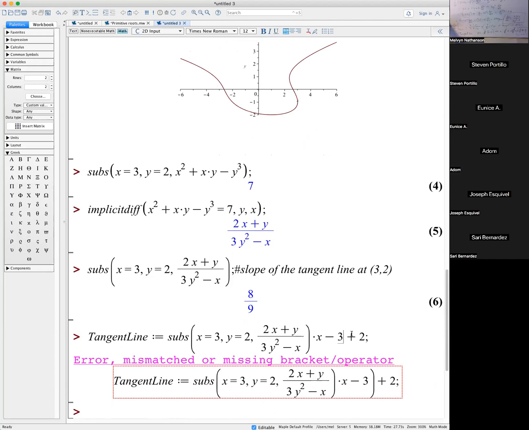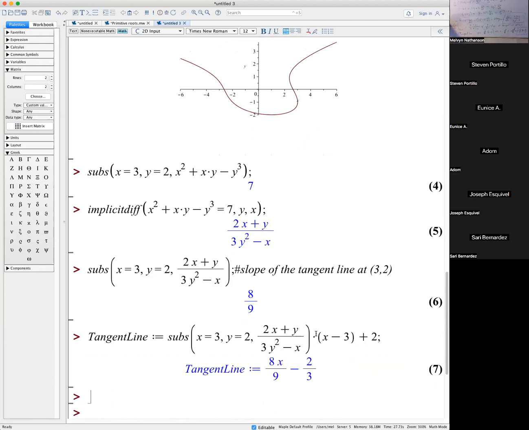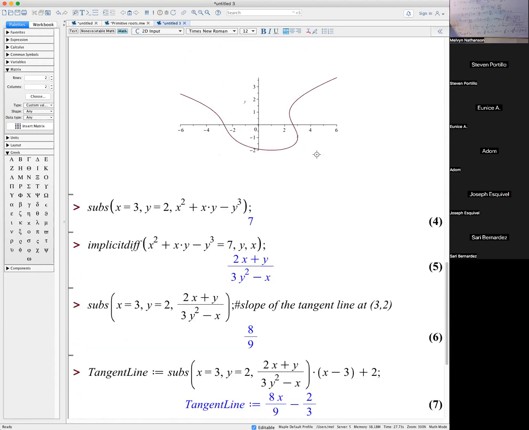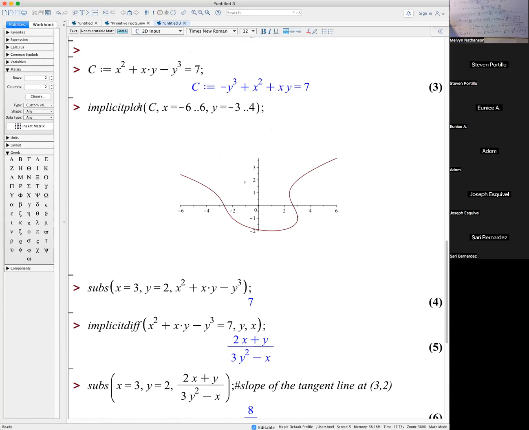Times x minus 3, that's missing. Perfect. Exactly what I got before. This is my tangent line. So let me go back to my curve and plot the curve and y equals tangent line.